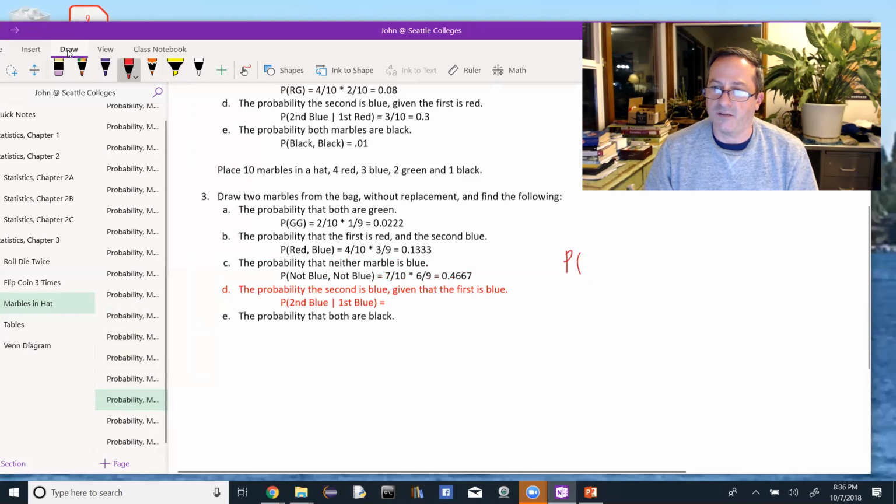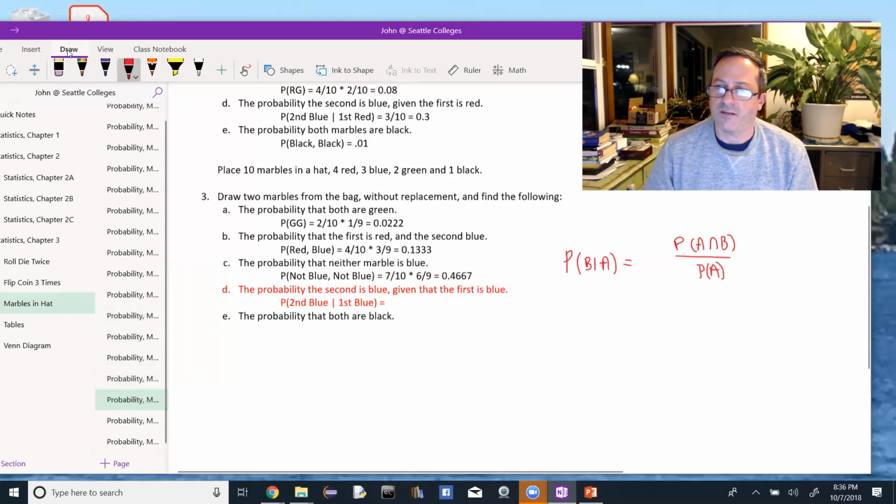The probability of, in general, B given A is the probability of the intersection divided by the probability of A. But what's the probability that you got 2 blue?